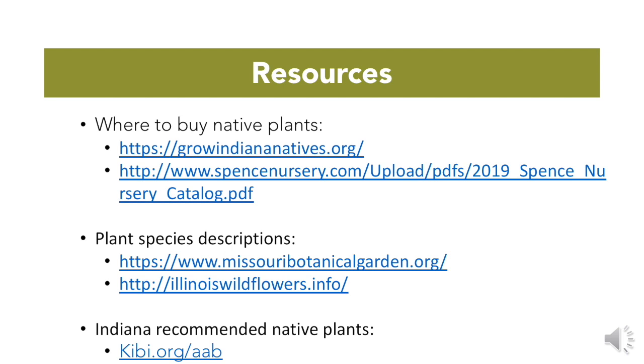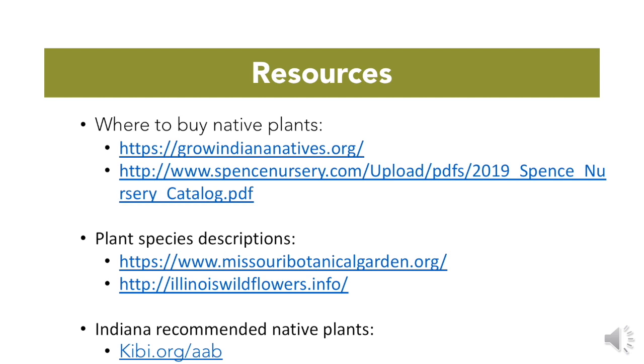I've also included a couple of links to help you understand what some of our native plants might look like. MissouriBotanicalGarden.org is very easy to use. It shows you a couple pictures of the plant and gives some very easy to understand bits of data on how large the plants get, what kind of soil they like, when they bloom, things like that.